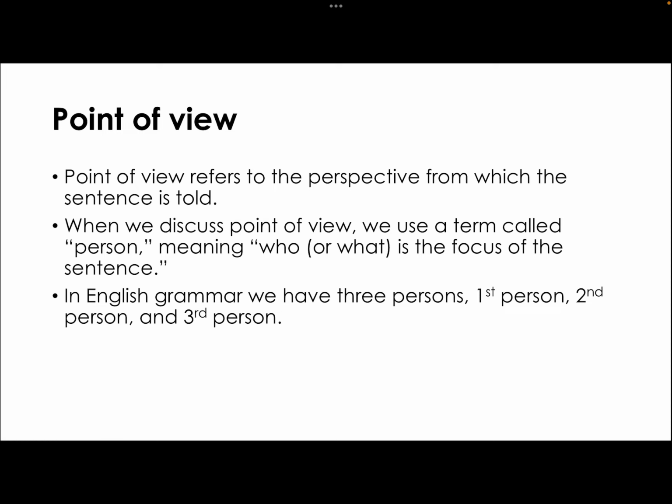In other words, we need to have a consistent personal point of view. You have to choose among three options you have. Do you want to use the first person or second person or third person? Choose one type of person and stick to it. That is the easiest way to keep a consistent point of view.